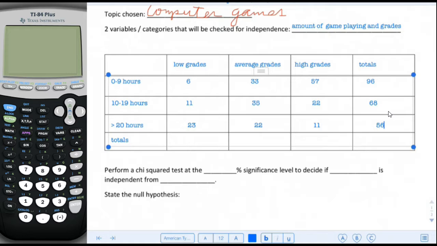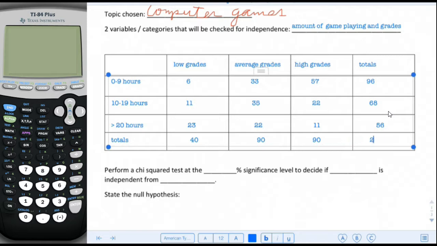And then the totals for the columns: 23 plus 11 plus 6 is equal to 40. And the next one, 33 plus 22 plus 35 is 90. And the next one is also 90. And the total of everything is going to be 220.